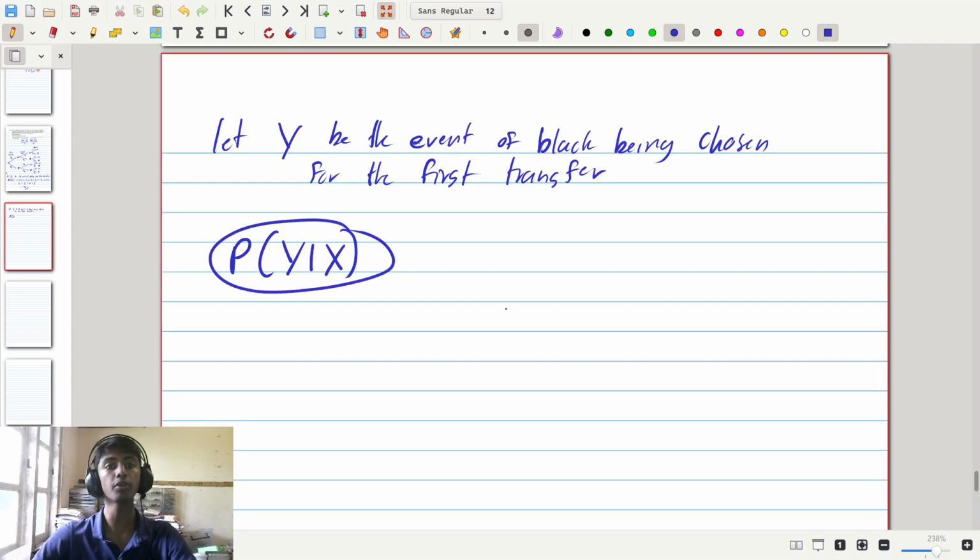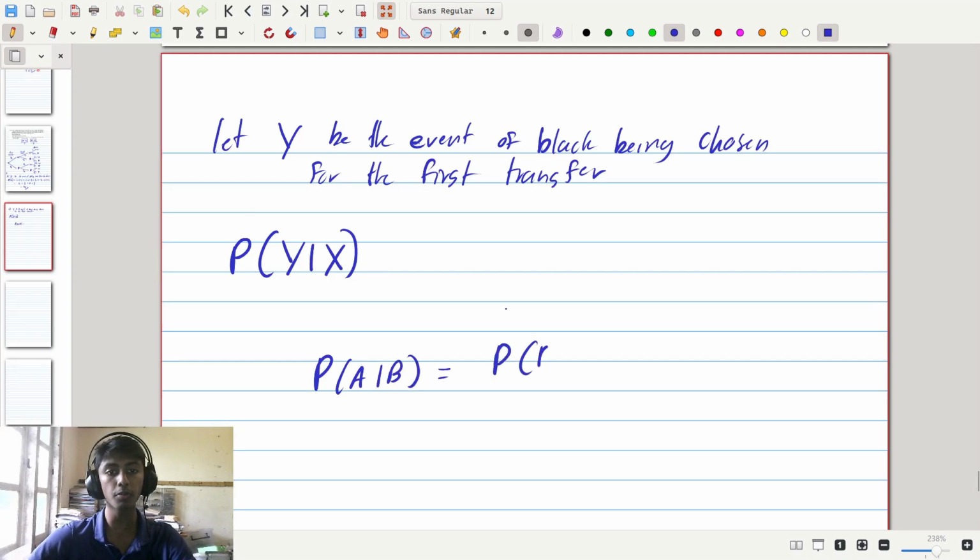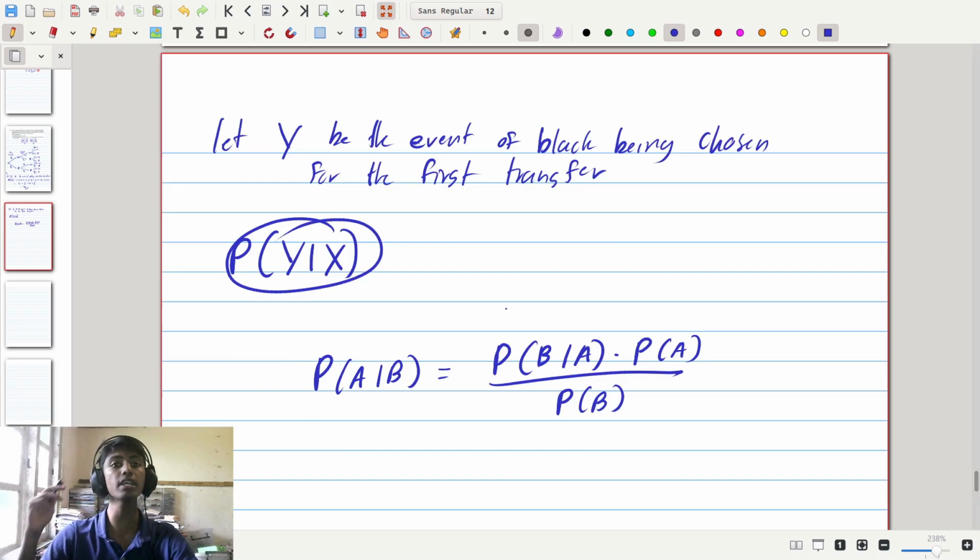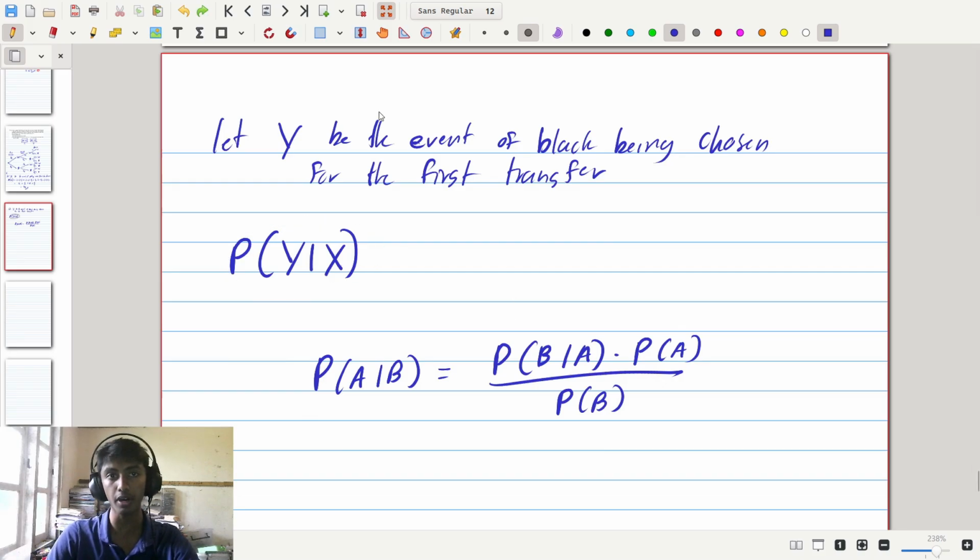Now for this I'm going to use the identity that I know, that if you have some probability of, let's say, A given B, this is going to be equal to the probability of the inverse, which is going to be B given A occurring, times the probability of A occurring divided by the probability of B occurring. So I'm going to be using this identity here in order to turn this thing into some equations of probability that I can easily figure out.